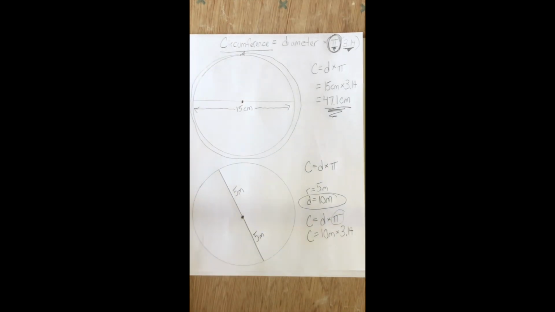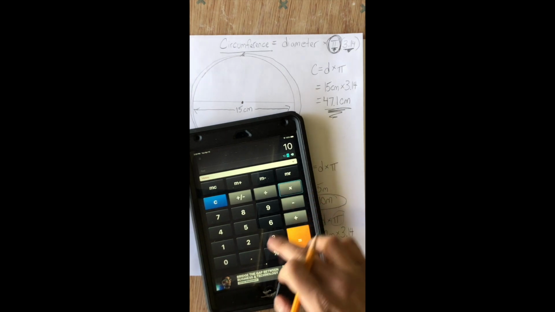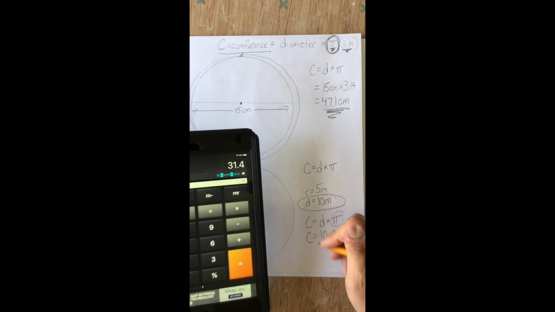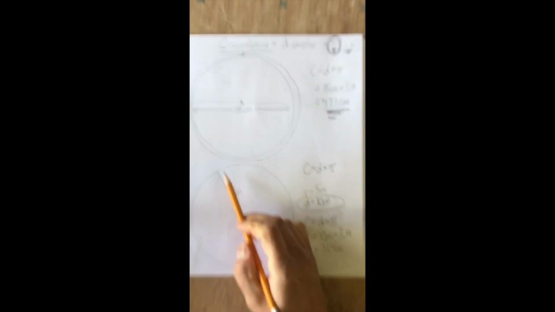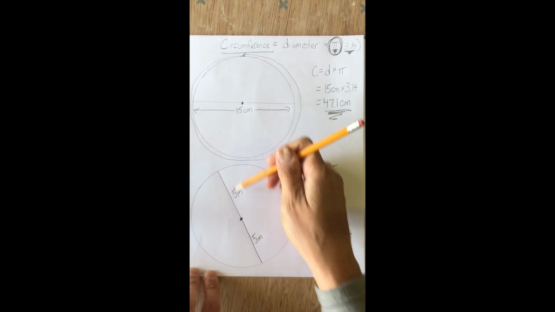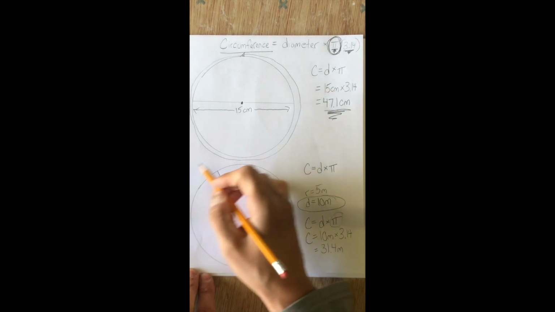Okay, so again, get out my calculator. 10 times 3.14, and there's my circumference, 31.4 meters. So here we go, this circle, 5 meter radius, 10 meter diameter, means it's 31.4 meters around the outside.